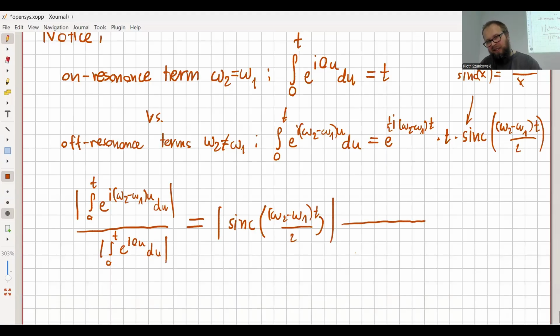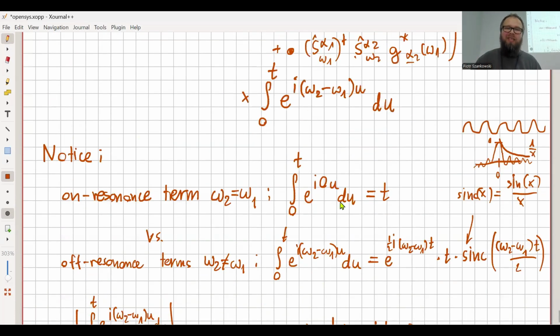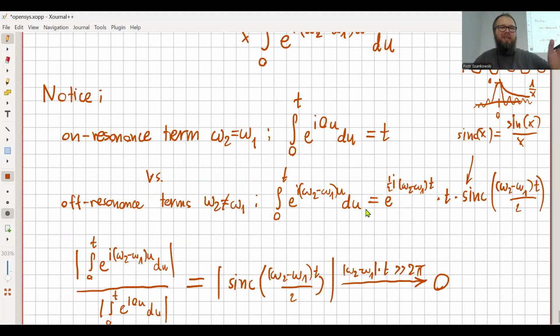And this guy here, when t is large enough, or you say omega 2 minus omega 1 times t is much bigger than 2 pi, goes to 0 essentially. So what it means is that because on-resonance terms scale linearly with time and off-resonance terms don't, for sufficiently long times, on-resonance terms win and they overshadow the off-resonance terms.